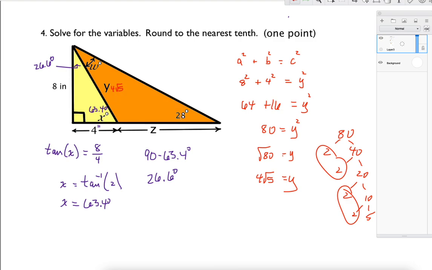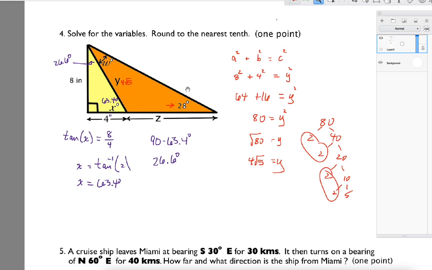Okay. Oh, we have a 28 here also. That's kind of nice. Actually, we probably could have not. I could have made this a little bit harder if I didn't give you that, but let's go ahead and take it. So we know the big triangle, the sum must be 180, right?